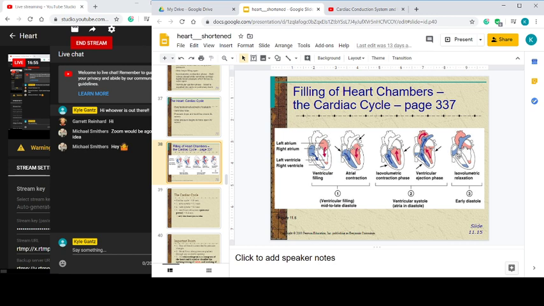So this here and this here, that is 0.4. This is 0.1. This is 0.3. So quick. And you can see that AV node, that one that delays and doesn't allow for that signal to go into the ventricle right away, delays it just a tiny bit in order for the filling to occur.